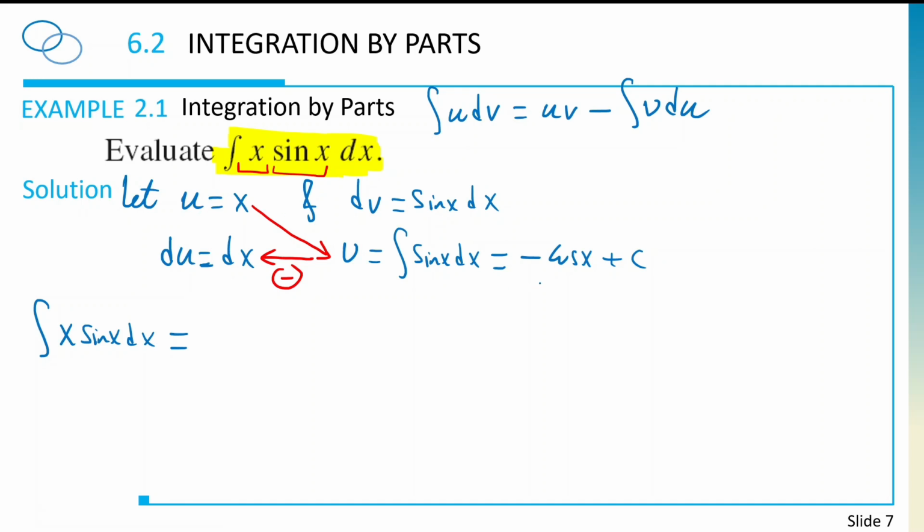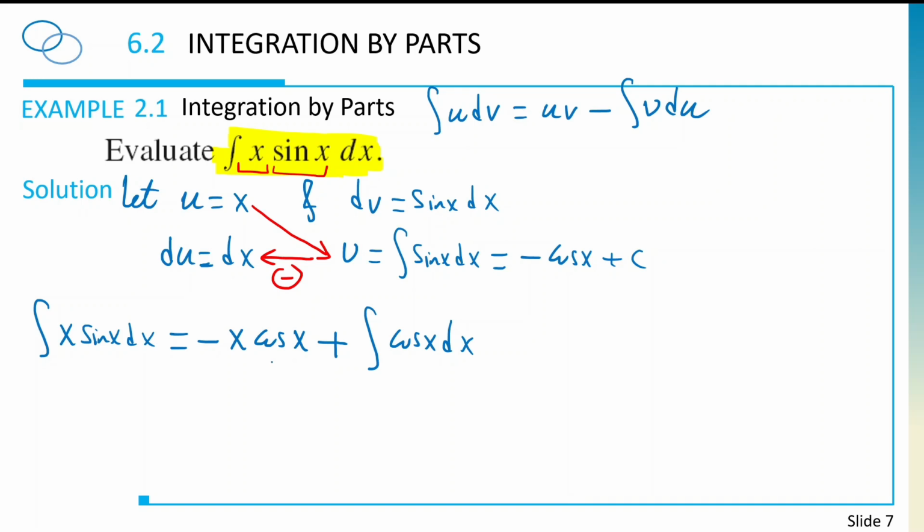It's x times negative cosine, so it's negative x cosine of x minus, and remember, always be careful with negatives. I have a negative in the rule and there's already another negative here, so negative negative is positive. What do I have here? I have the integration of cosine of x dx.